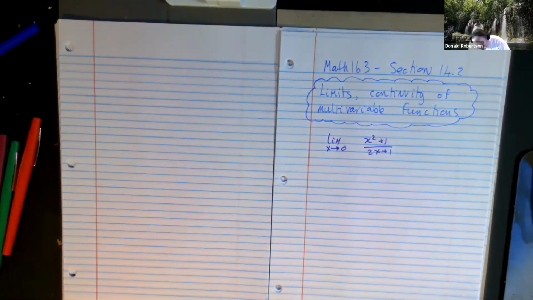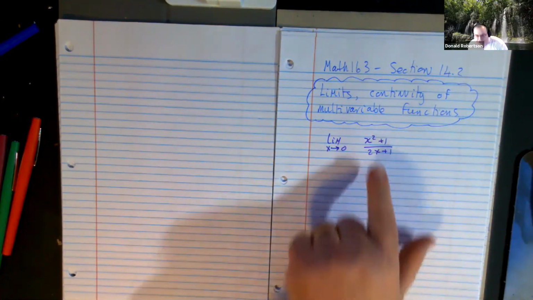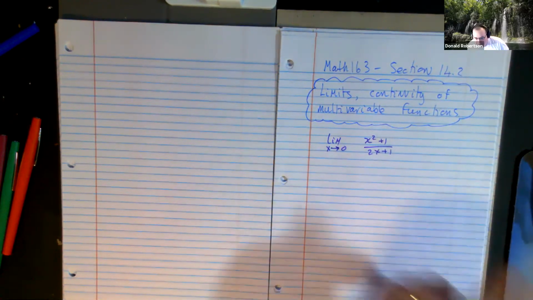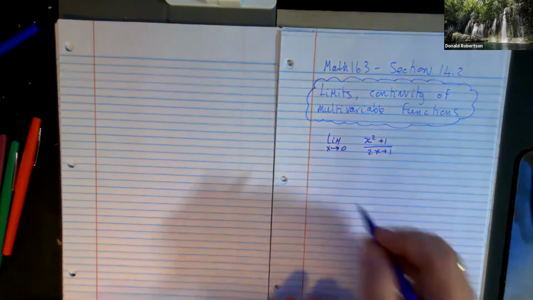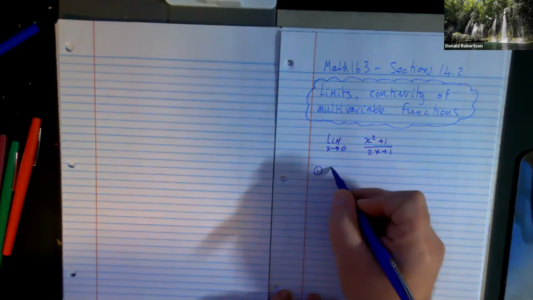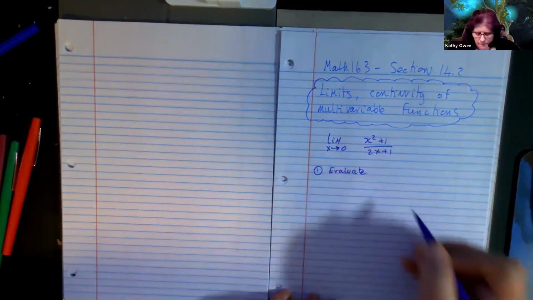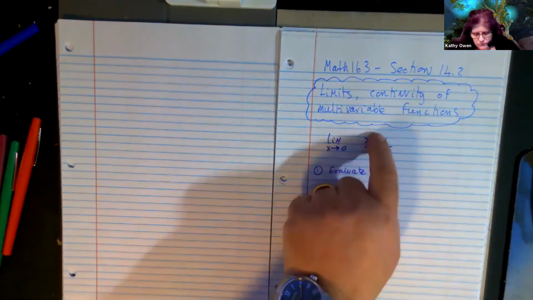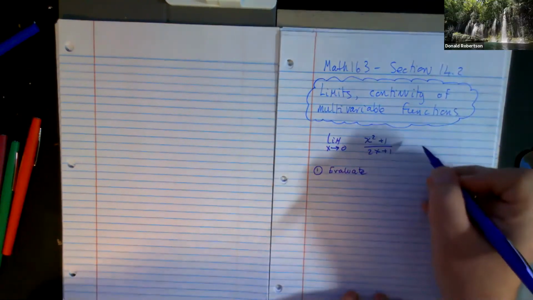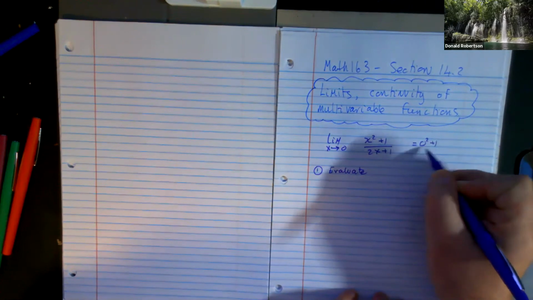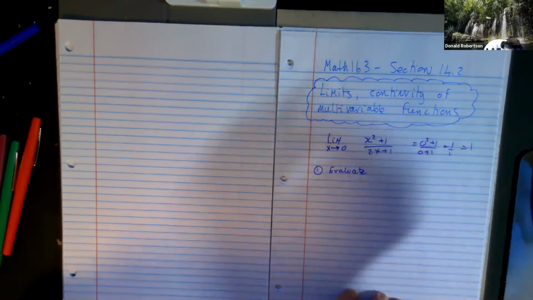It's almost always, but not exclusively, fractions. The first one is what I'll call evaluate. That's simply just plug in 0, and if you get a number, you got your answer. In this case, 0 squared plus 1 over 0 plus 1, the answer is 1. So that would be one technique.